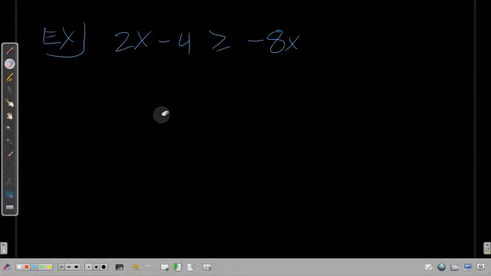Now I need to do some additive inverses, multiplicative inverses. Let me first have you do the additive inverse of, I want to add 4 on both sides, and add 8x on both sides.